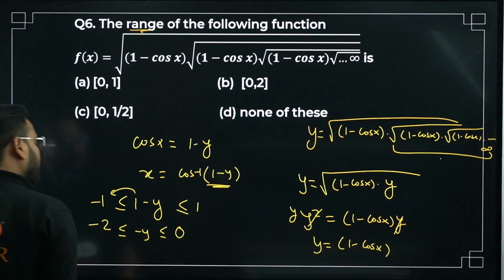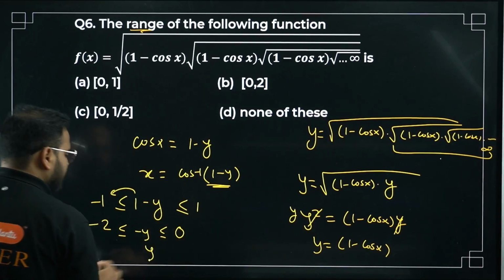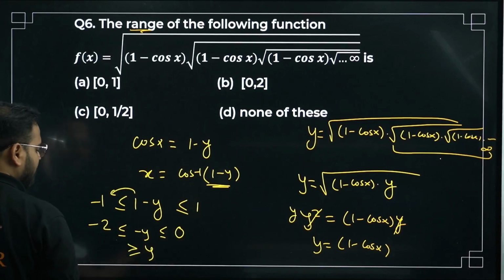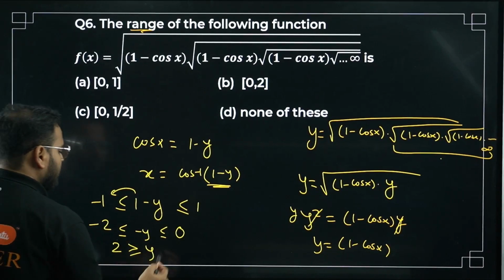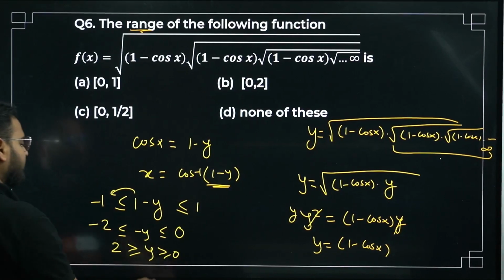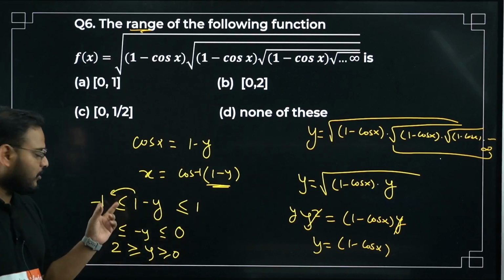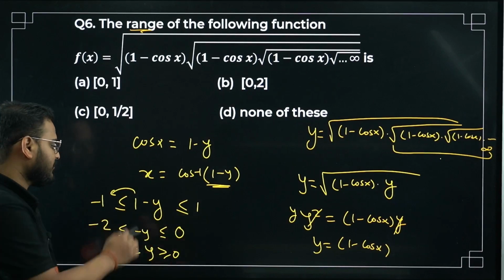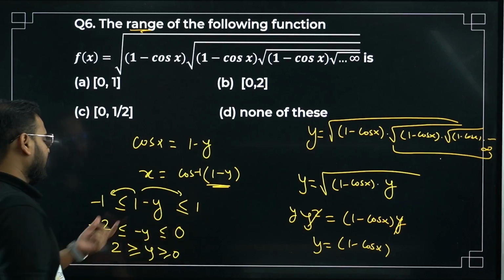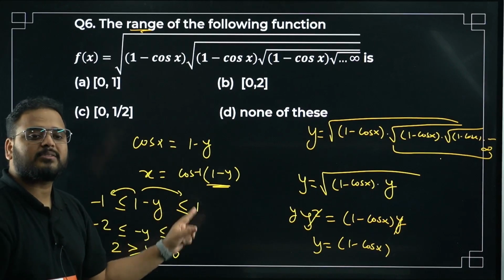I want to find the value of y, no? So change the inequality, write it as y, it'll become greater than 2 here, and this will be changed. What am I getting as the value of y? 0 to 2, sir. How did I do this? I took the 1 on this side and this side. I get here minus 2 and here 0, because 1 minus 1 is 0, okay.